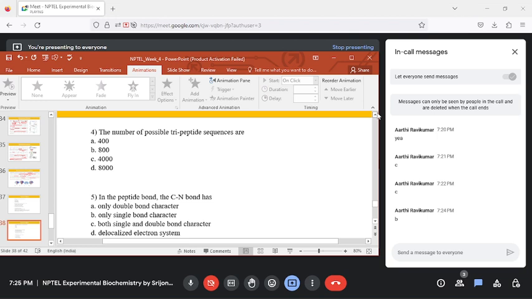We have 20 L-alpha amino acids. So how many tripeptide sequences can be formed? Obviously repetition of amino acids is allowed over here. So what would that number be?